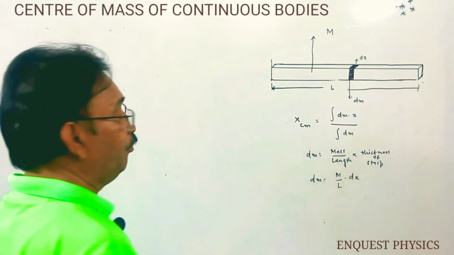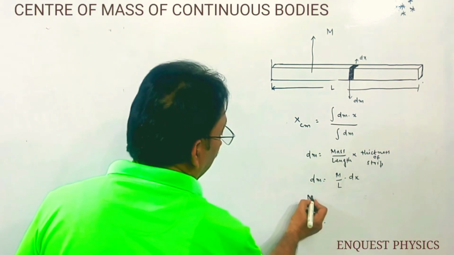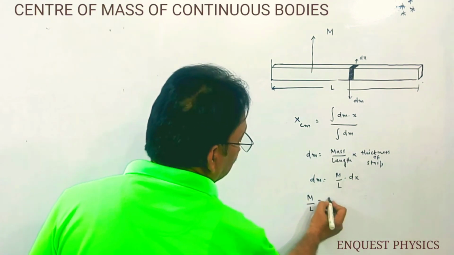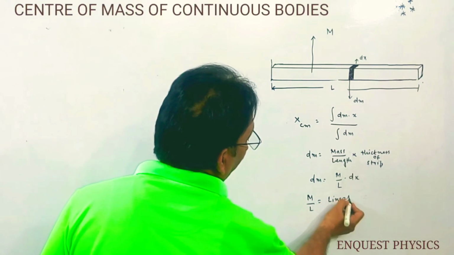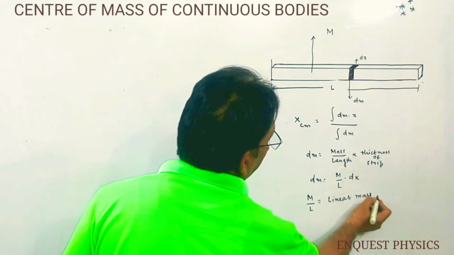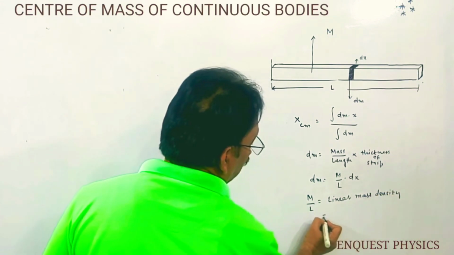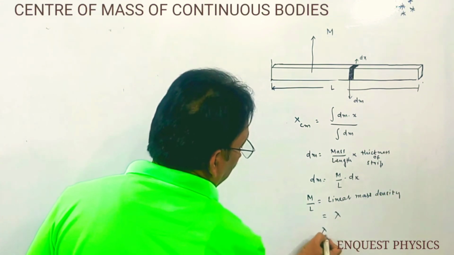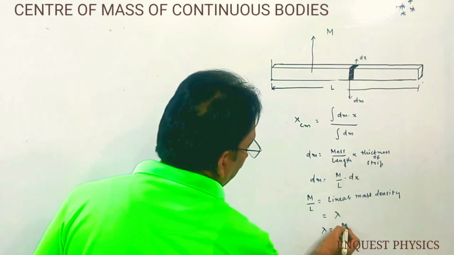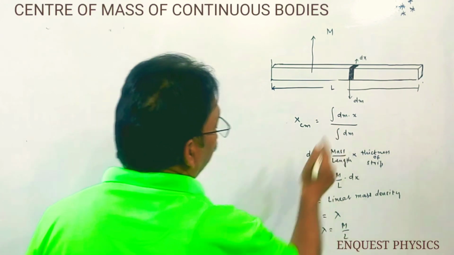Okay students, here m by L is known as linear mass density, and it is shown with the letter lambda. Then m by L can be replaced with lambda in the equation.